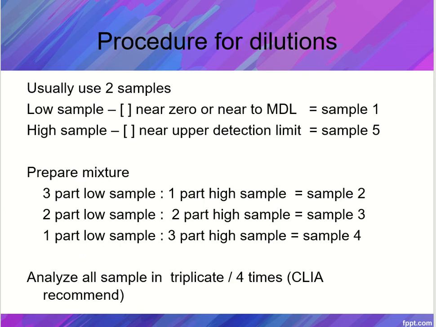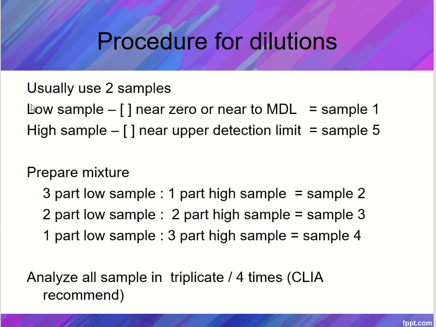So this is the procedure. Usually we use two samples: first the low concentration sample and the high concentration sample. The low sample is usually a concentration near zero or near the minimal detection limit, and for the high sample, the concentration should be near the upper detection limit.